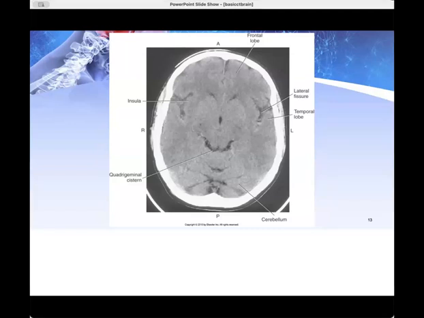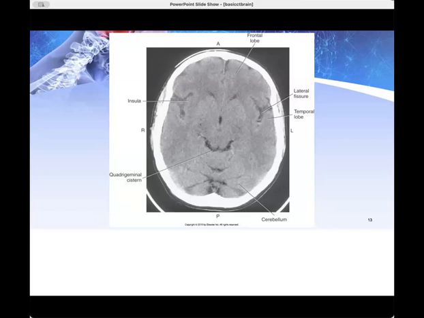The most posterior lobe, the occipital lobe, is separated from the parietal lobe by the parieto-occipital fissure. This lobe is involved in the conscious perception of visual stimuli.